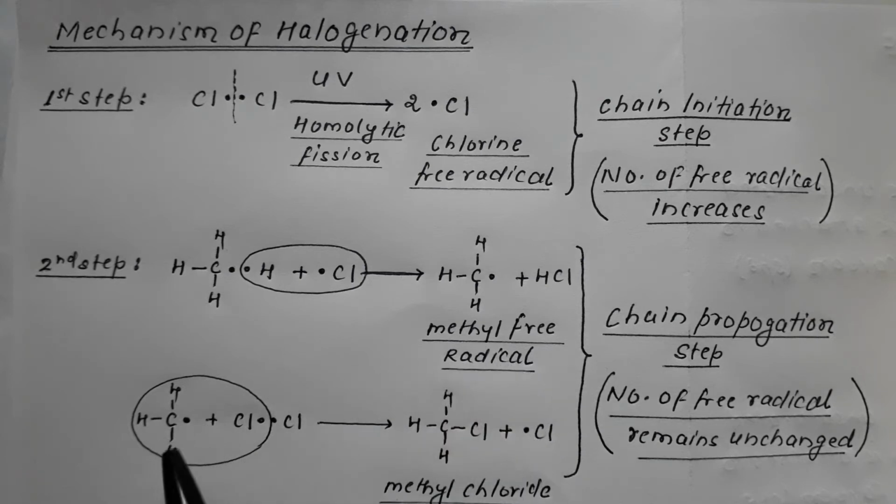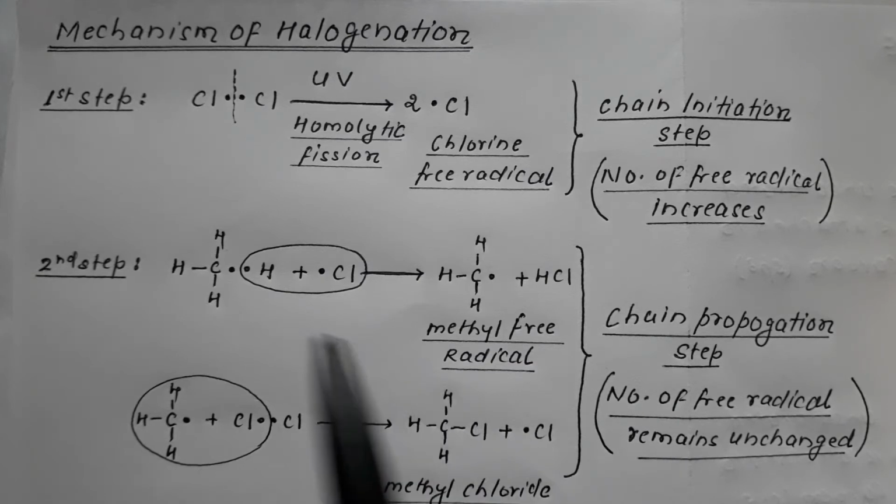Now the methyl free radical attacks the molecule of chlorine. It withdraws one of the chlorines as a free radical, converting the other into a free radical. So this chlorine, as a single electron, combines with the methyl, resulting in formation of methyl chloride, and a chlorine free radical is formed.